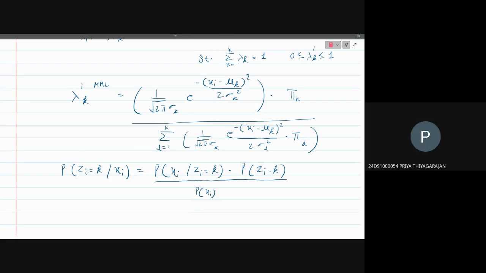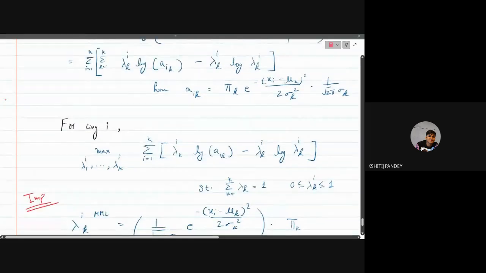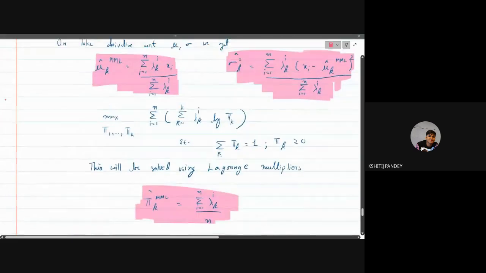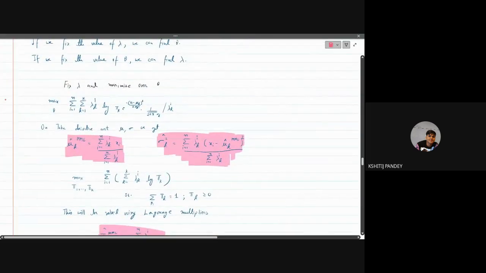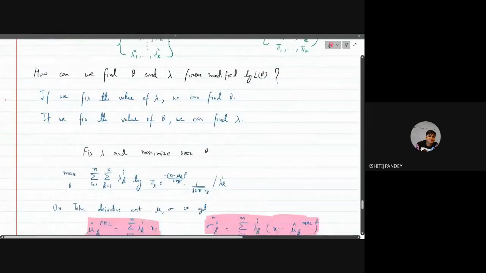Yes, sir. So this interpretation is also very important. This is your analytical solution for this. Now we have to come up with an algorithm to find this.